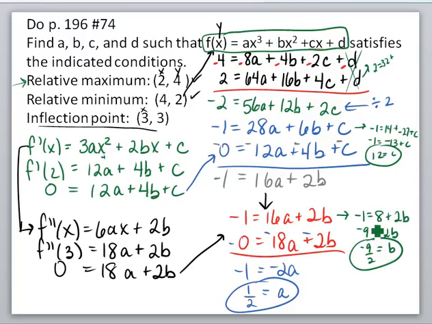Well, that would end up giving me a negative 72, plus 12 times 4 is 48, and then I have plus d. Barely squeeze that in there. I don't know if you can see this. This is negative 40, and that would be 48, so it would give me 8 plus d equals 2. And so my d ends up being negative 6. Very long problem, but we did manage to get through it.